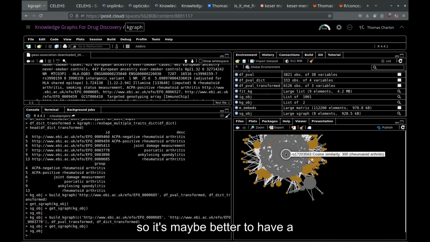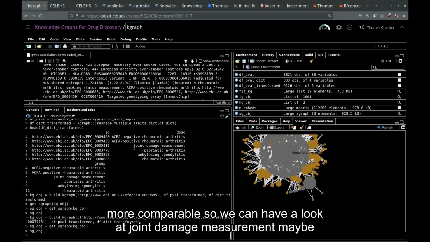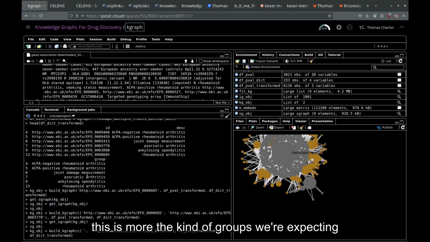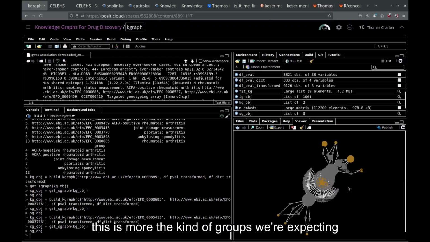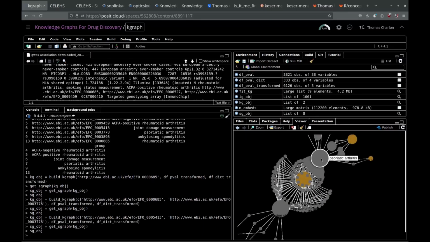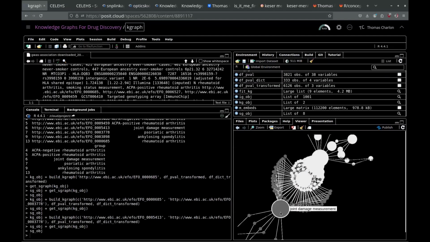So it's maybe better to have a more comparable one. So we can have a look at joint damage measurement maybe. This is more the kind of groups we're expecting. And so over here we have our second target node. Here our first one.